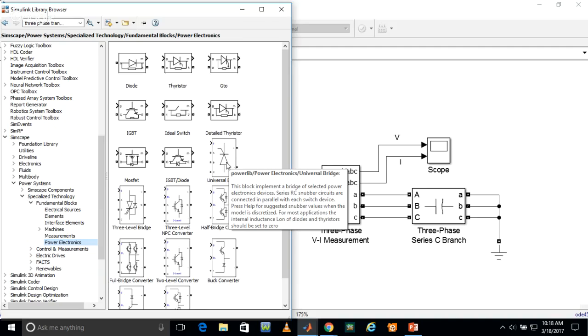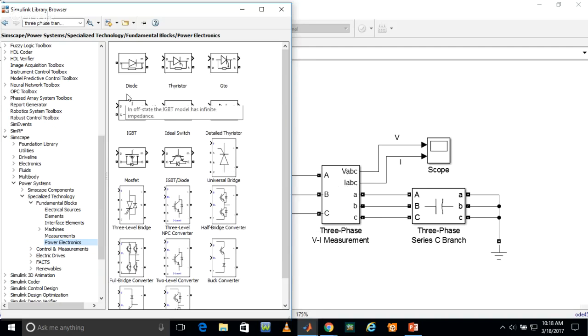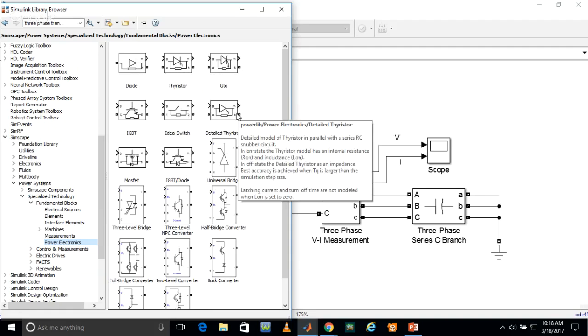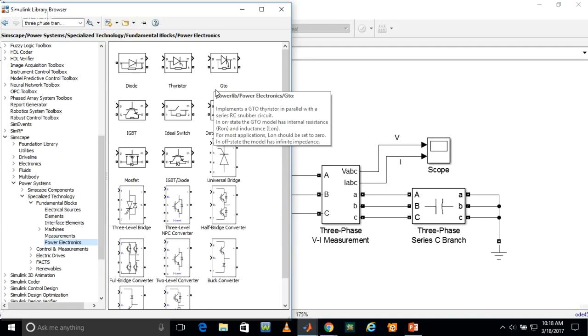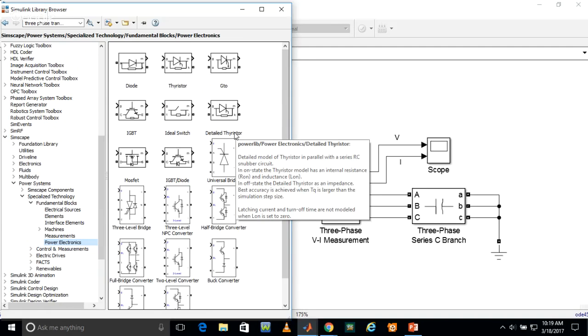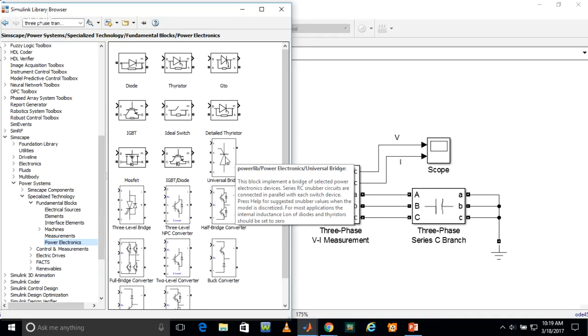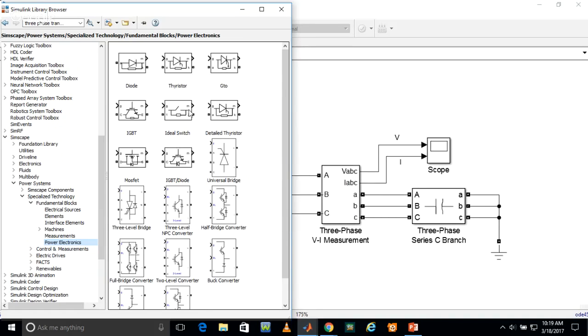If you don't want to use it, you can make your own inverter or rectifier circuit using the devices above, like diode, thyristor, GTO, IGBT, ideal switch, and detailed thyristor, by joining these components in a particular design.